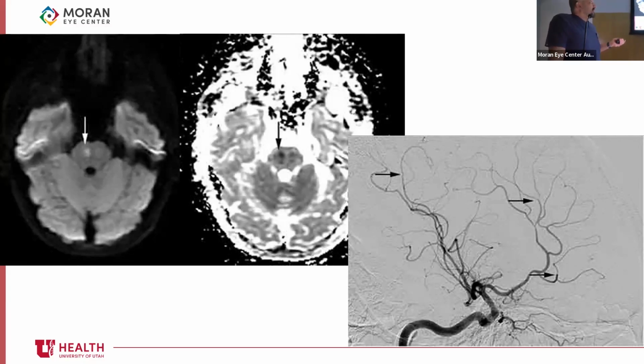So she got a cerebral angiogram, and you can see in the ACA circulation, I think it's A2 and A5, and then in the M4 regions in the middle cerebral circulation, you can see this narrowing of the arteries, with also kind of this beading seen on angiography.